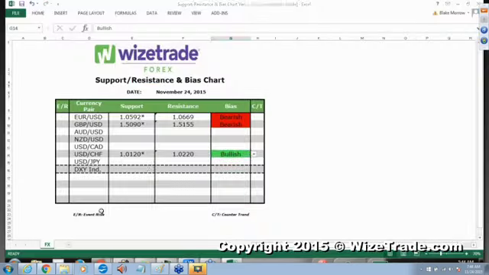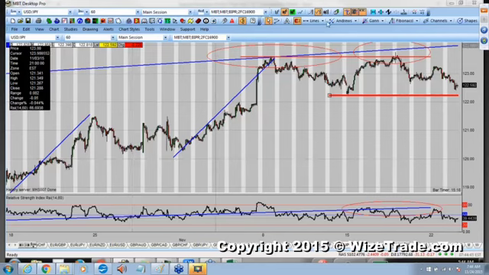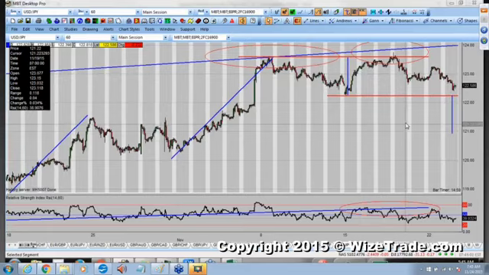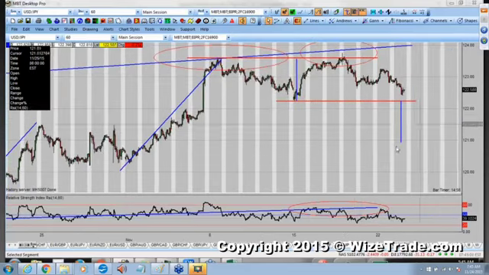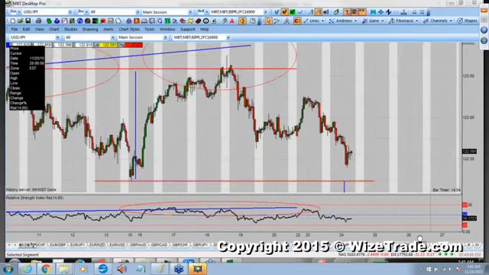Okay, so let's just write 122.20. If that breaks, then we have a double top. This will make me really happy if this happens. Okay. That'll target sub 121. And resistance now.